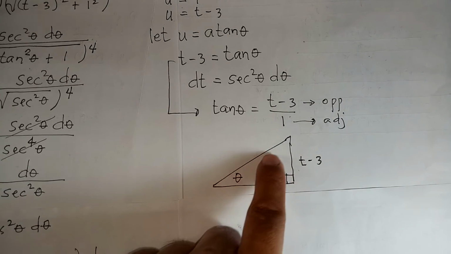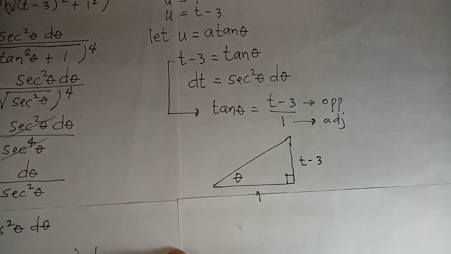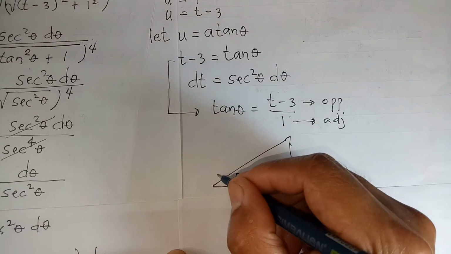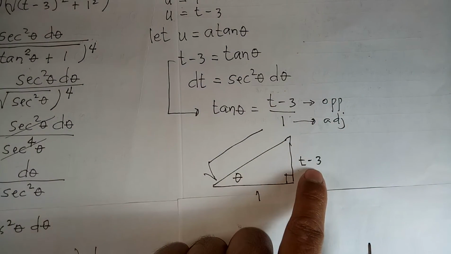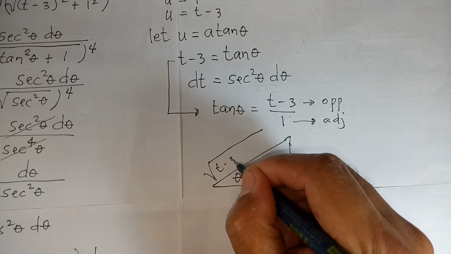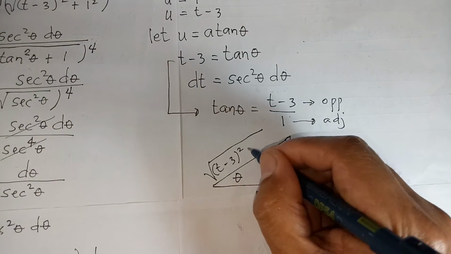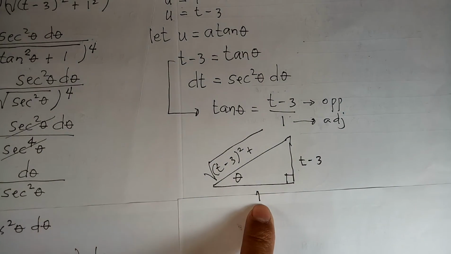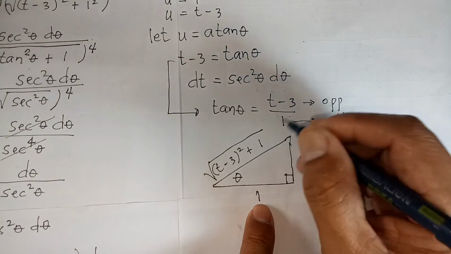And then, by Pythagorean relation, the hypotenuse will become the square root of the square of t minus 3, so t minus 3 squared, plus the square of 1. And 1 squared equals 1.